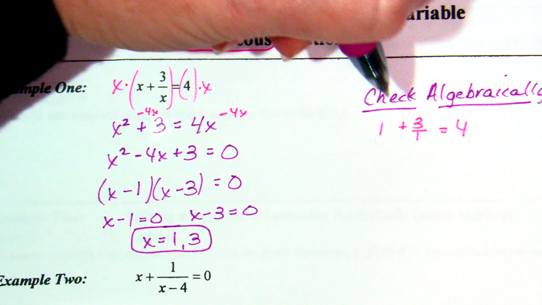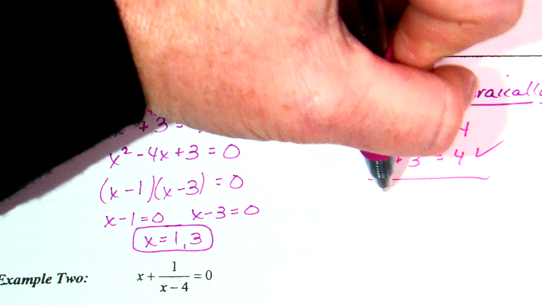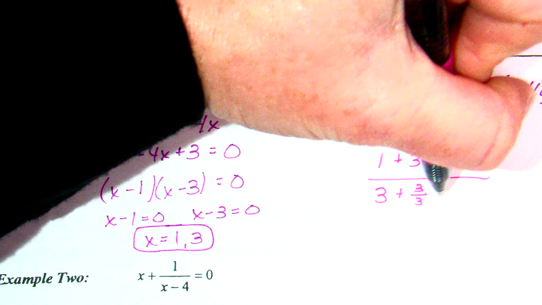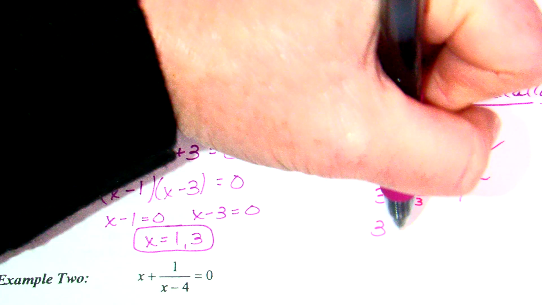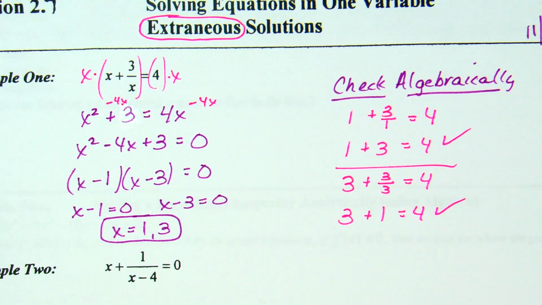Well, yeah, 1 plus 3 equals 4. That checks. If I plug in 3 plus 3 over 3, does that equal 4? Yeah, 3 plus 1 equals 4. I just wrote that check out. Do you have to write that check out? Okay. I'm not going to require you guys to write that check out. I never do. Okay.